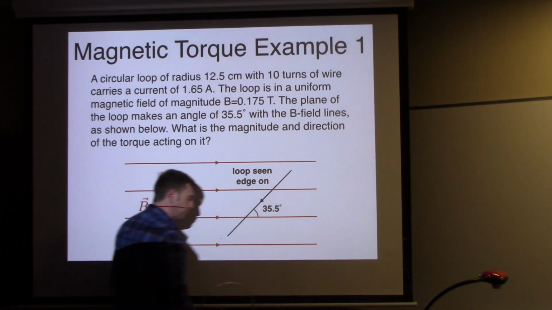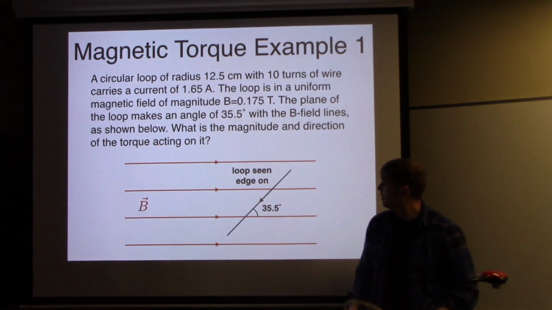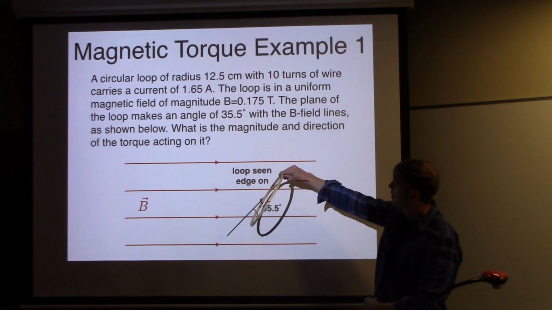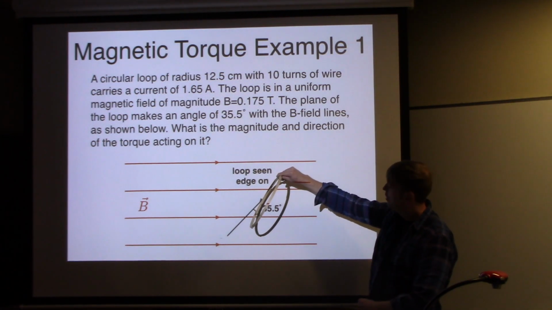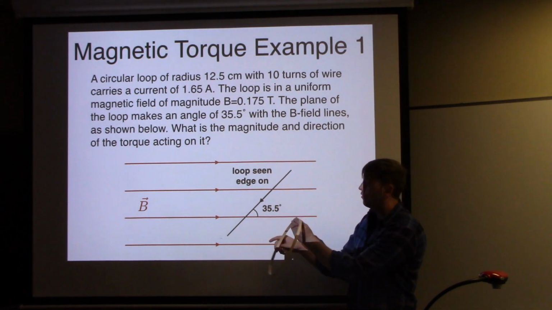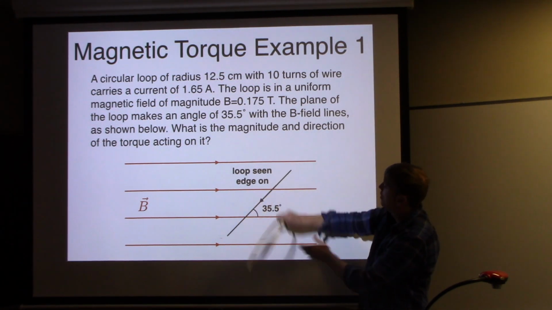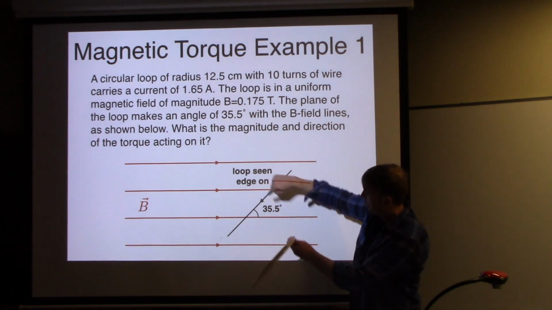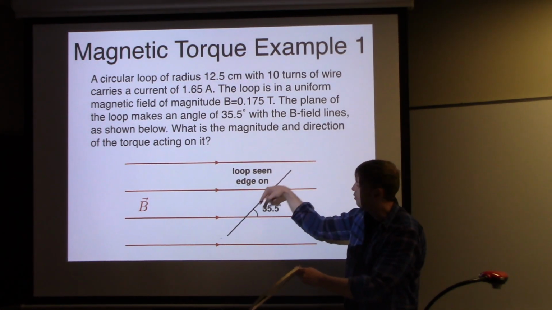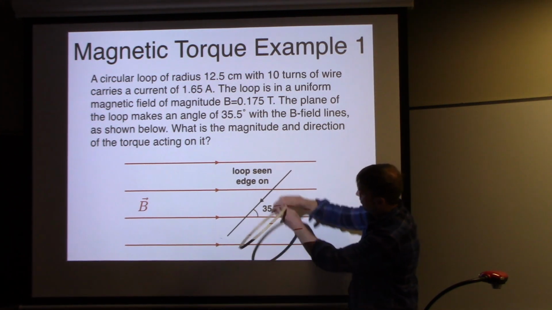Okay, so here is the idea. First, I need to get a handle on the direction. Okay? So my mu vector, it depends on which way the current is going in the loop. So we're seeing the loop edge on, and this is showing you that the side facing you is carrying a current going down and to the left like this.